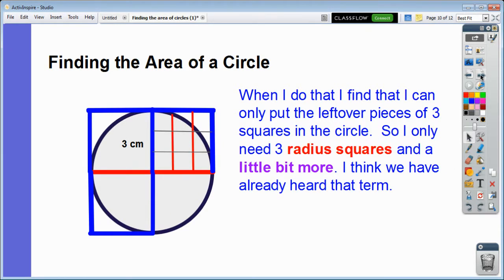When I do that, I find I can put the leftover pieces of only 3 squares in the circle. So here's 1 square, and let's put those leftover pieces in the circle.